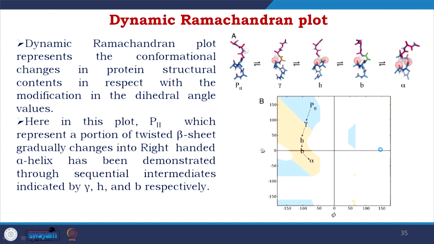Here, in this plot, which is also a Ramachandran plot with the change, you see the changes in the peptide, and you see P2, which represents a portion of a twisted beta sheet, gradually changing into a right-handed alpha helix, demonstrated through sequential intermediates indicated by gamma, H, beta, to alpha.